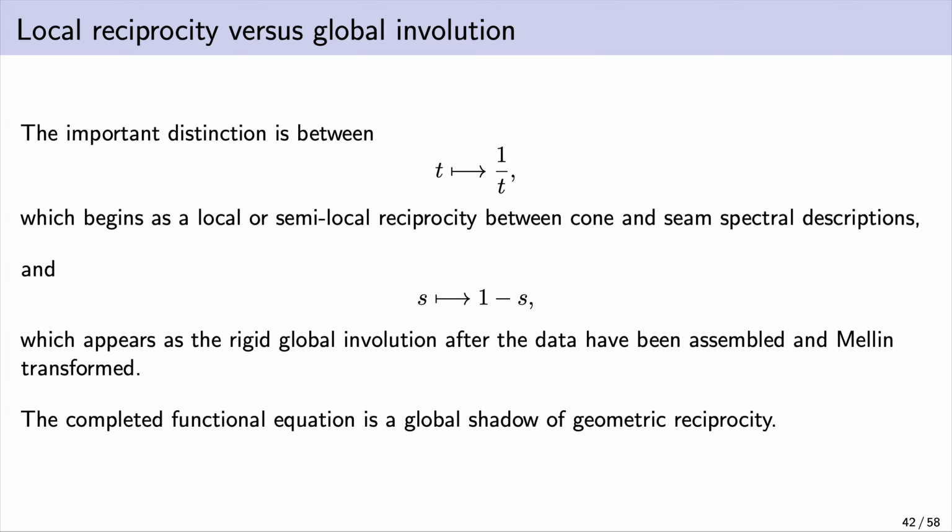That's what I was trying to explain in the slide prior, that we should maybe think of this S maps to 1 minus S as some sort of manifestation of this symmetry, the global rigid symmetry of the seed itself, mapping to itself.